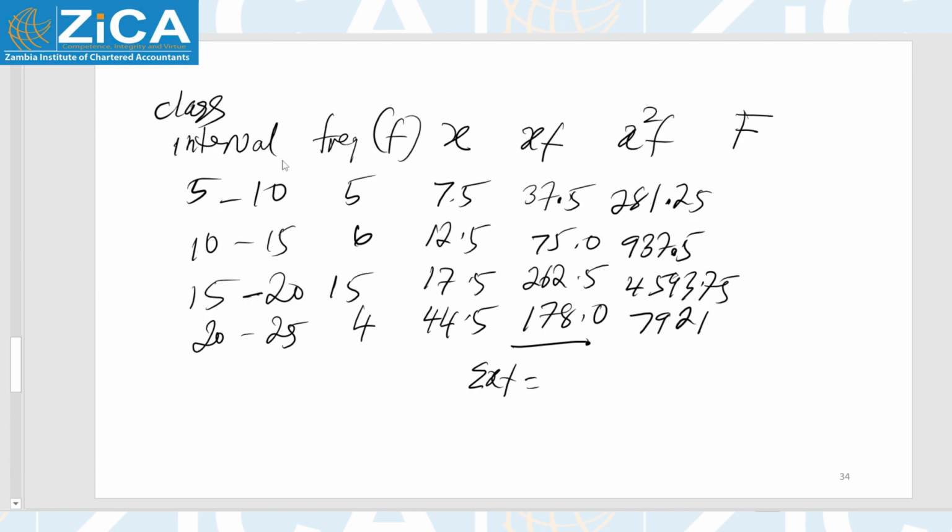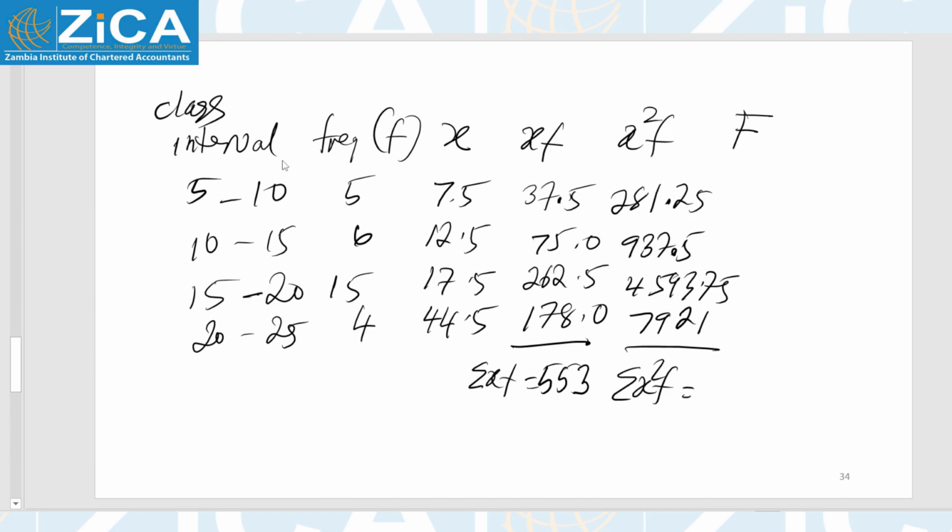Get the sum here of the summation of X times F. If you sum up this, we have 37.5 plus 75 plus 262.5 plus 178, and this will give us 553. You sum up the summation of X squared F here.